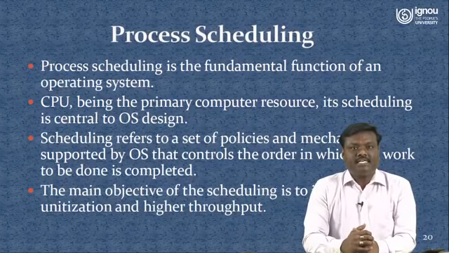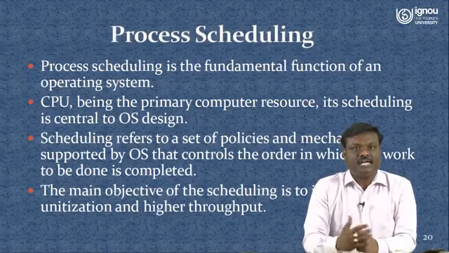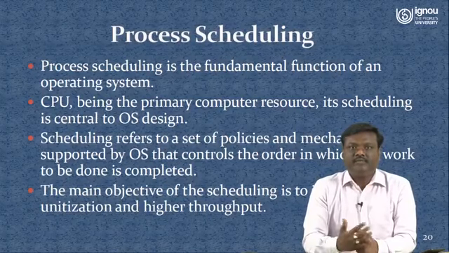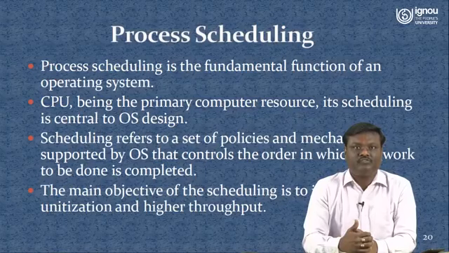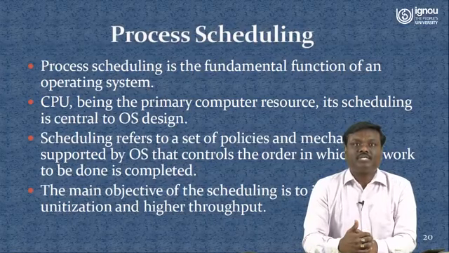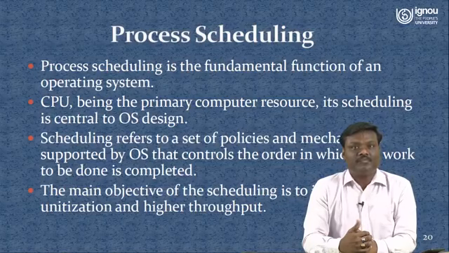So let us see the scheduling of processes. It is not a simple thing, just as we orally say P1 is called or P1 is scheduled, P2 is scheduled, P3 is scheduled from the ready queue. This is not just something we say orally. Whenever we talk about scheduling, it is the fundamental function of an operating system.